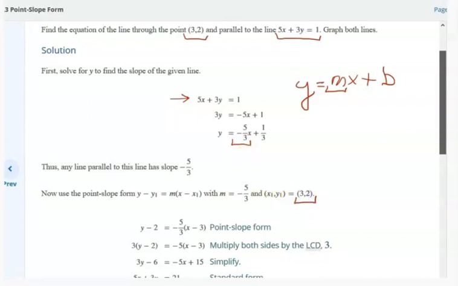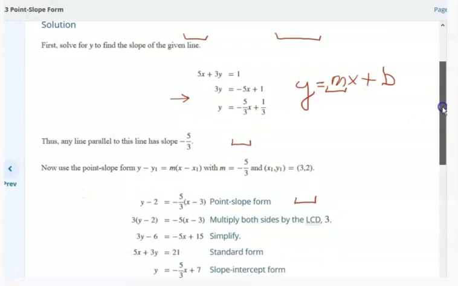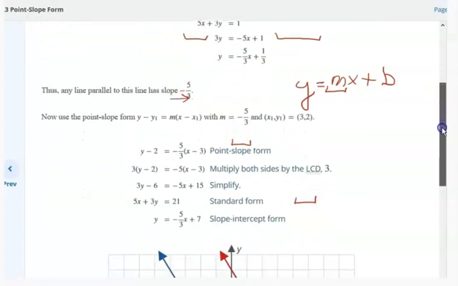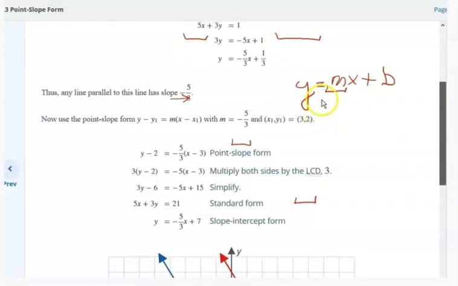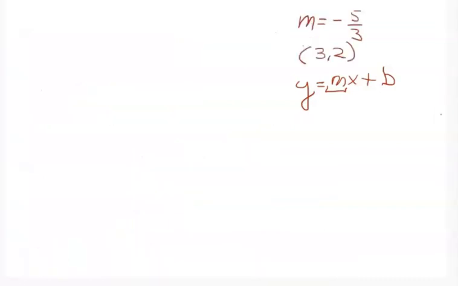Now we can use the point-slope form for this, but we could also use the slope-intercept form. So let me illustrate that, and we'll show you the work. And I'll use the white screen for this.